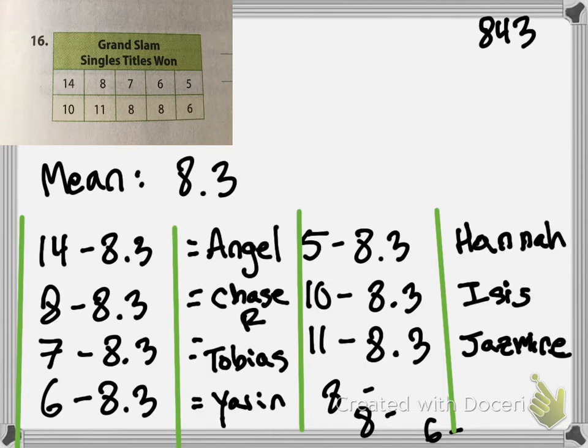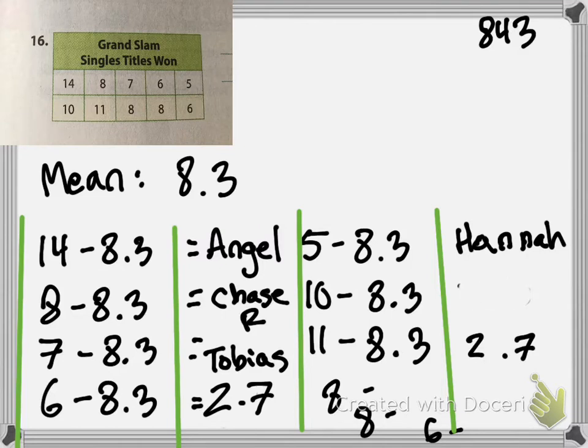Using our calculator. Perfect. So, Jasmine got her answer to be 2.7. Urine got 2.7. Let's see. Isis, here, she got 1.7 or 1 7/10.